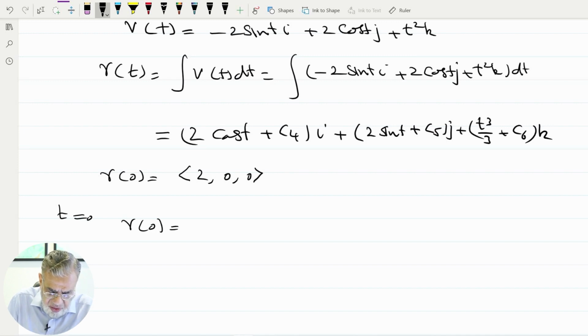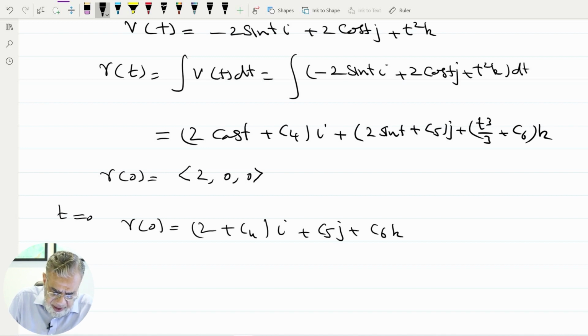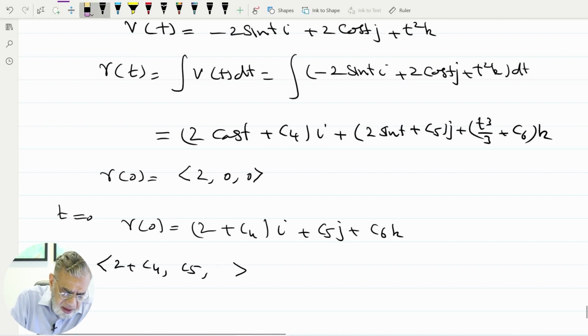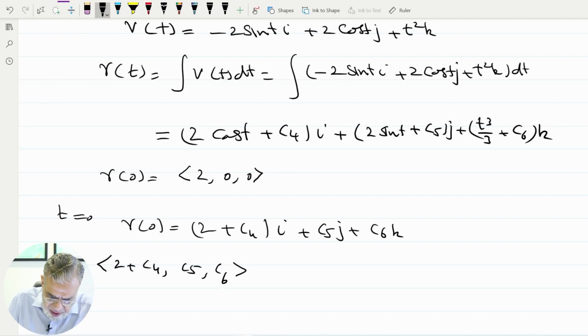Substituting the values here, cosine 0 is 1, so we get 2 plus c4 i. Sine 0 is equal to 0, so we have c5 j. At t equal to 0 we get c6 k. So compare it: we have the vector (2 plus c4, c5, c6), and the given initial condition is (2, 0, 0).